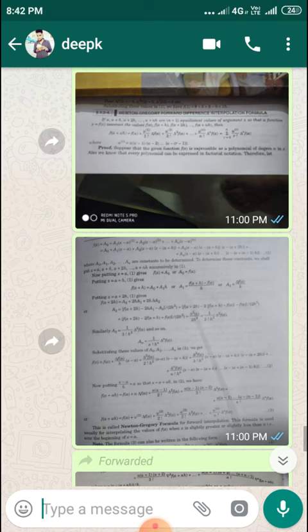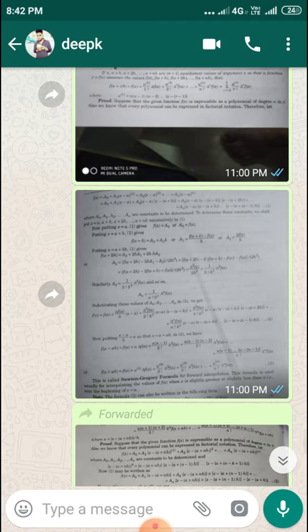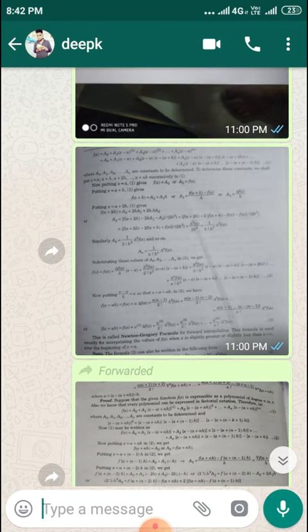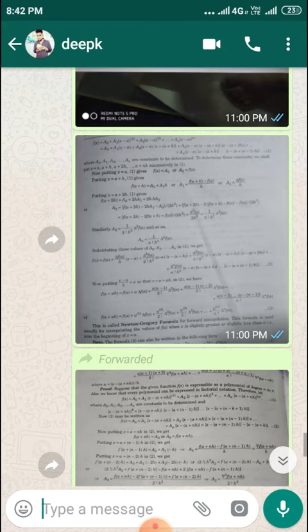Then putting the values of x minus a to the different powers, we can write this in polynomial form, where a0, a1, a2, dot dot dot, an are constants to be determined. Here we have to determine all the constants a0, a1, a2, dot dot dot, an.